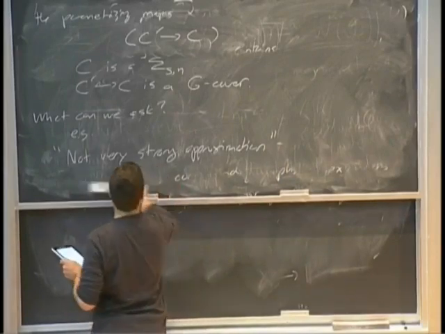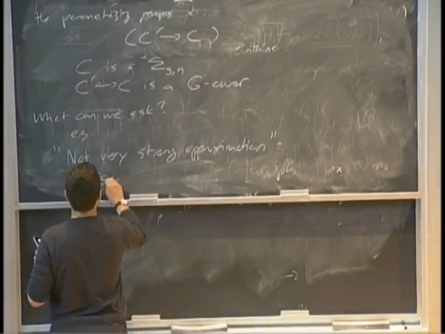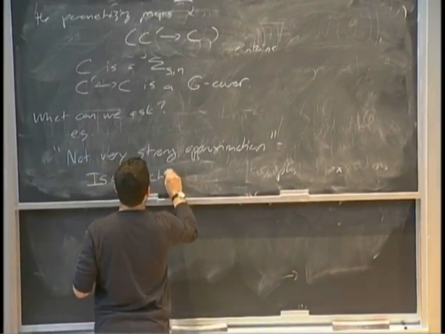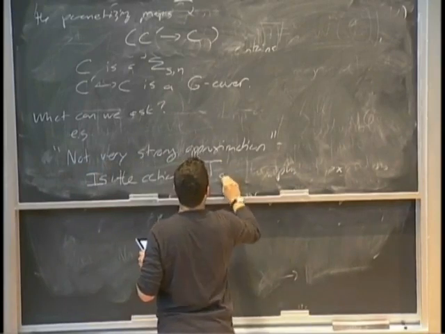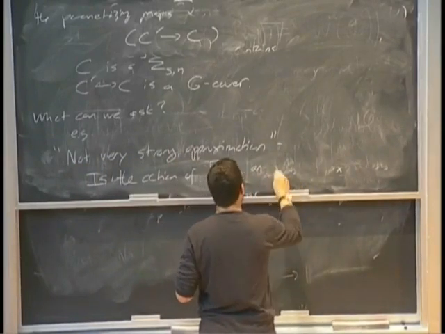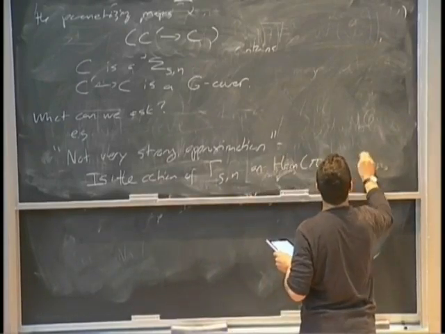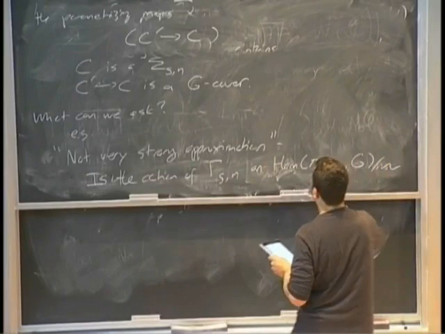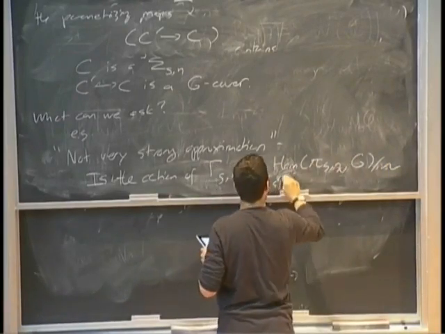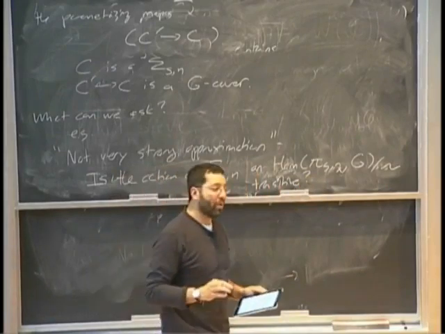I'm just going to ask, is the action of gamma Gn, and I'm going to have to change what I'm about to write, on this finite set transitive.